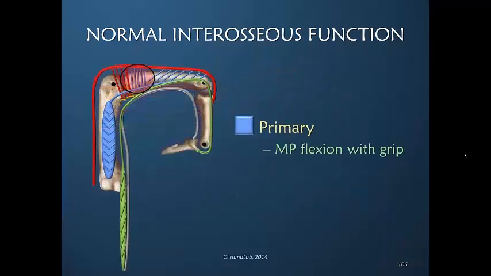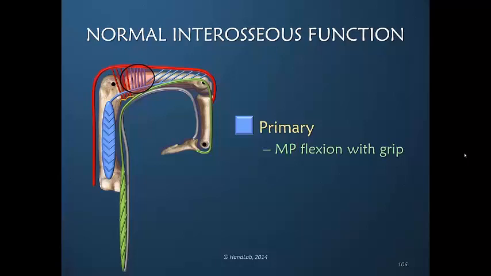Perhaps the most complicated function to explain is that of the interosseous muscles during normal finger flexion. I just said when the finger starts out and is in full extension that the interosseous muscles are not very effective to flex the MP joints, but that they do prevent MP joint hyperextension, whether perhaps by some active contraction or by virtue of their just viscoelastic tension.